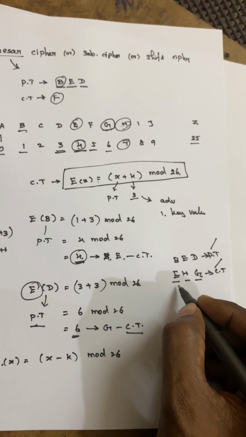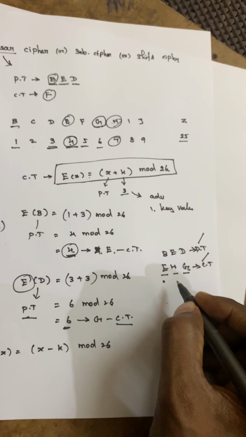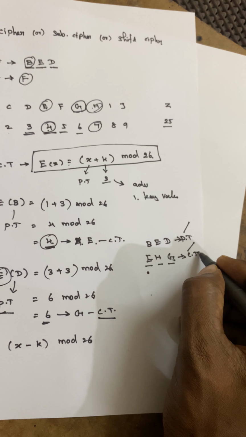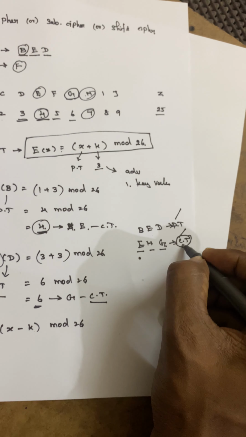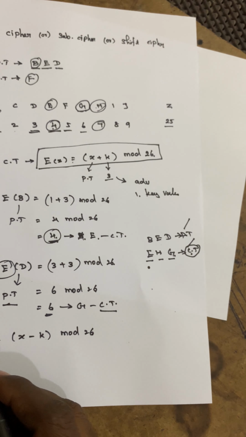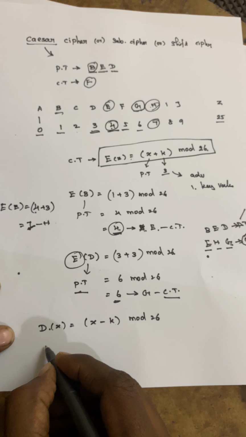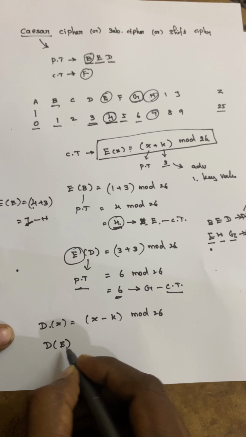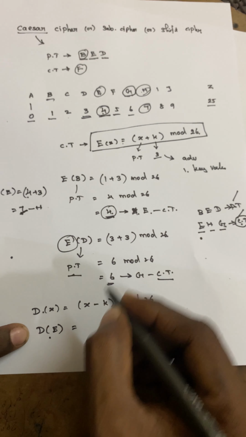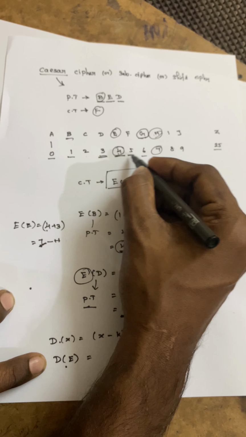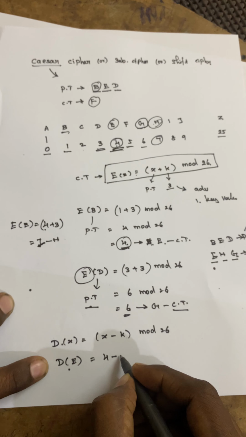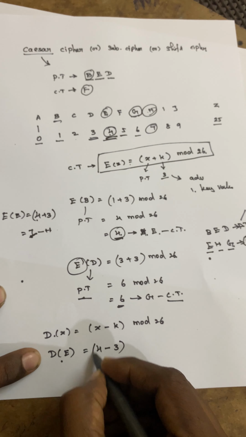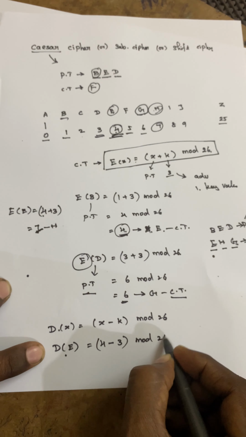Okay, here we will perform the decryption operation. Decryption is nothing but doing the reverse of encryption. So here we perform ciphertext to plain text. The first letter is E. What is the E value over here? Here 4 is E. 4 minus the k value 3, mod 26.